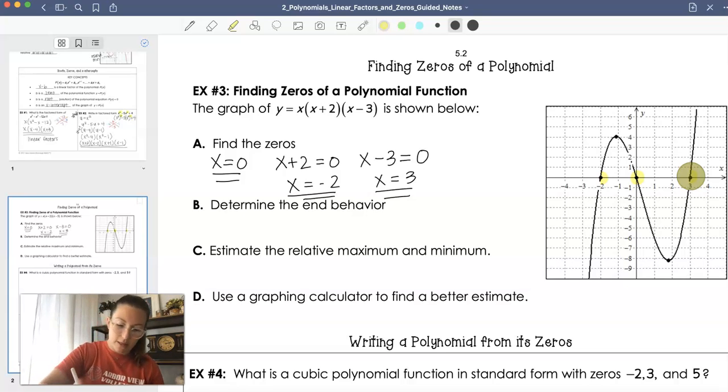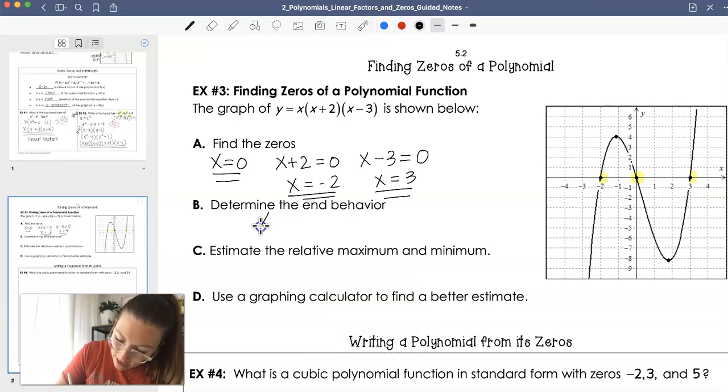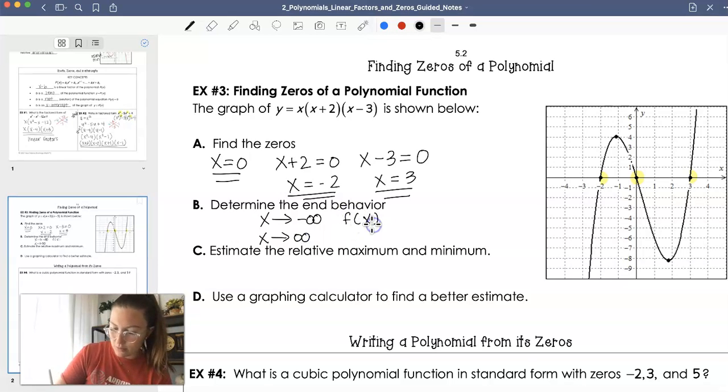The way we like to write this is: as x is approaching negative infinity, as x is approaching positive infinity, what is our y doing? Or what is f of x? Remember, f of x just means y. The first piece will always be the same.